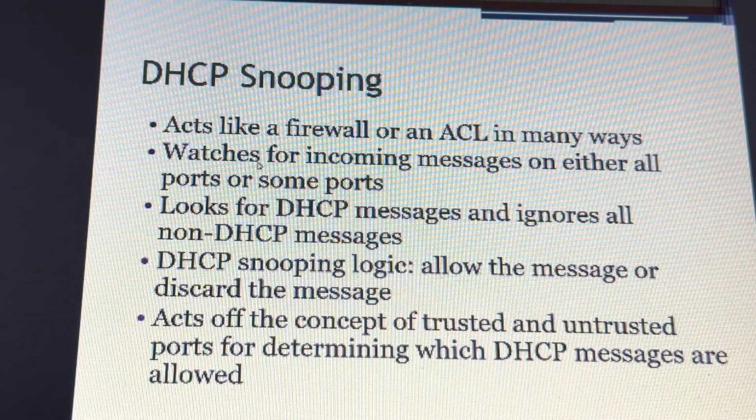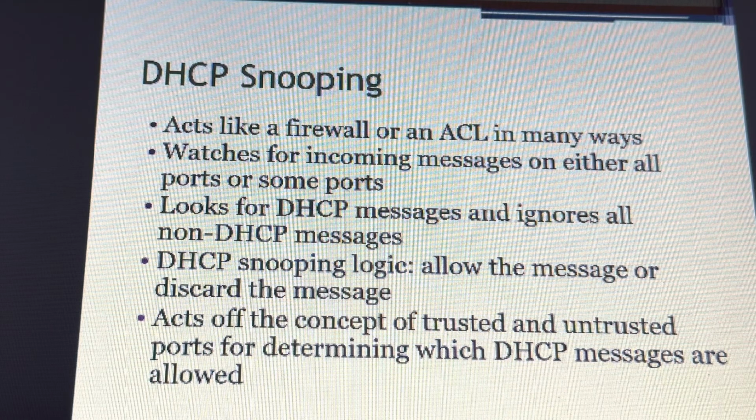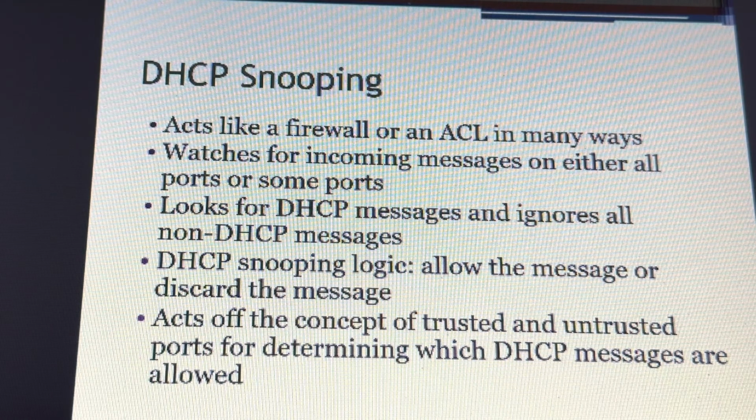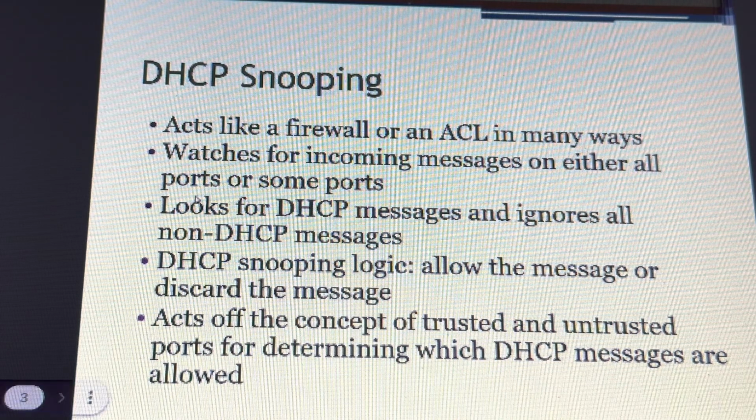DHCP snooping essentially acts like putting a firewall on a port or on the switch so that only known DHCP servers are allowed to send out DHCP packets to respond, right? So it's kind of acting like a firewall or an ACL, except it's switch-wide.